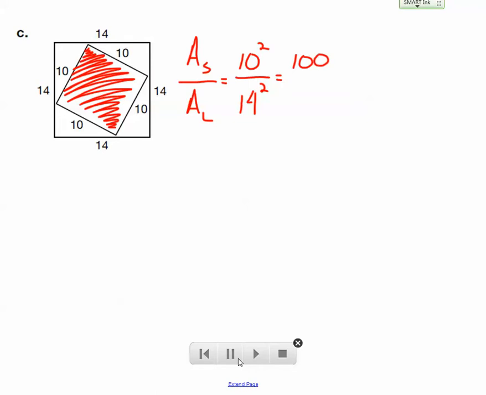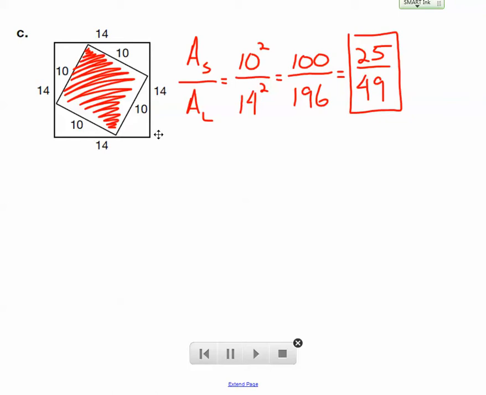It's 100 over 196. And we can simplify that fraction. They're both divisible by 4, so how about 25 over 49? 25 out of every 49 times you flip a coin into this 14 by 14 square, it'll land in the red square.